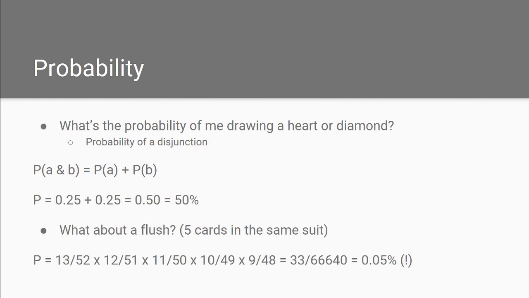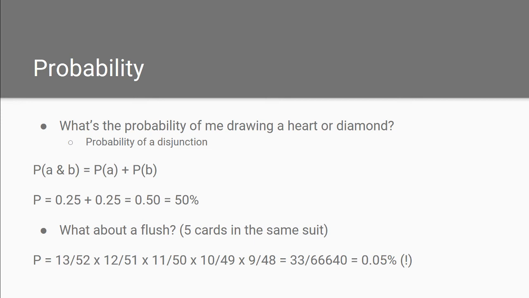Now, what's the probability of me drawing a heart or a diamond? This is the probability of a disjunction, and to find the probability of a disjunction, you simply add the two probabilities. Remember, there are 4 suits in a deck of 52 cards, which means there are 13 cards to a suit.